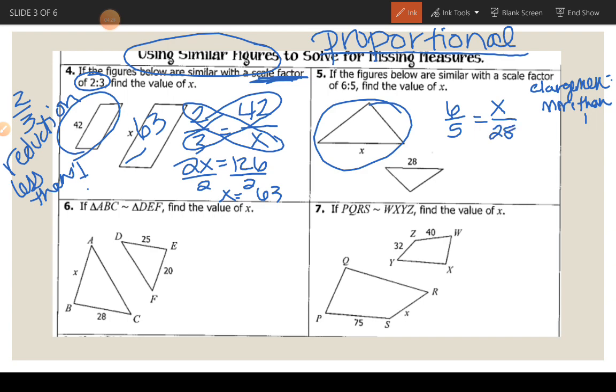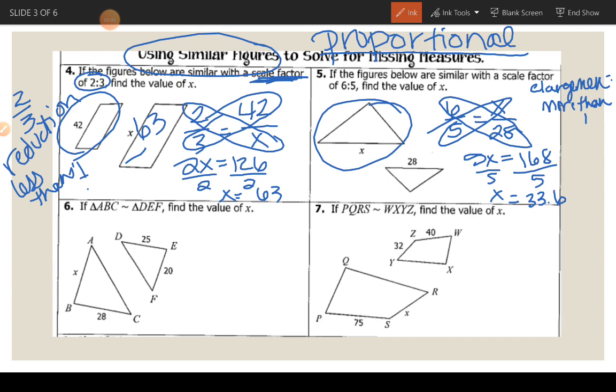And then the 28 would go in the denominator. Multiply. So I'm going to get 5x is equal to 6 times 28, which is 168. We're going to divide that by 5, and I get x to be equal to 33.6.